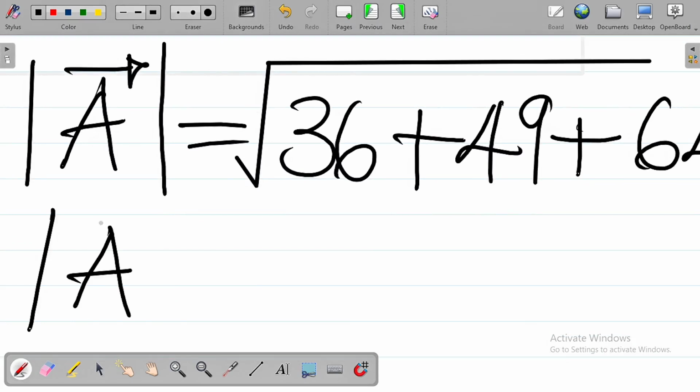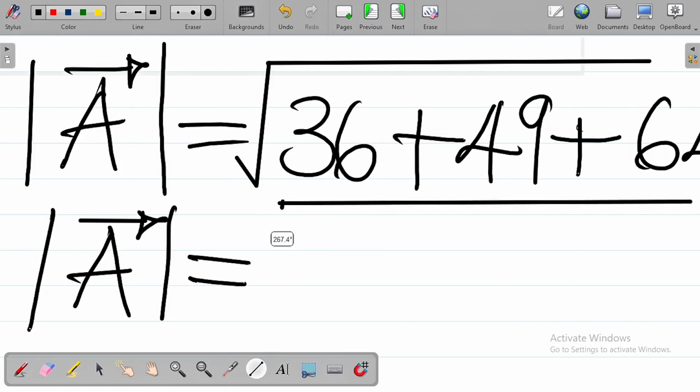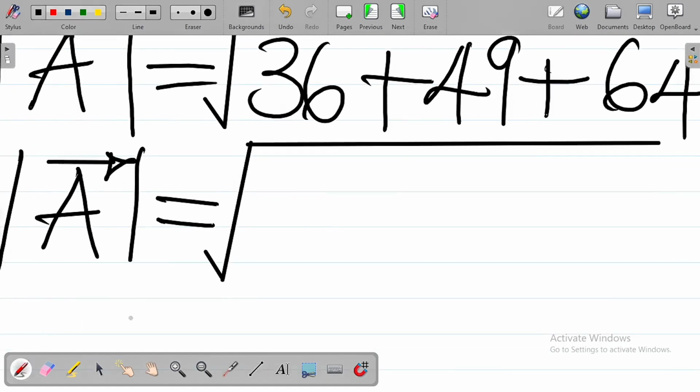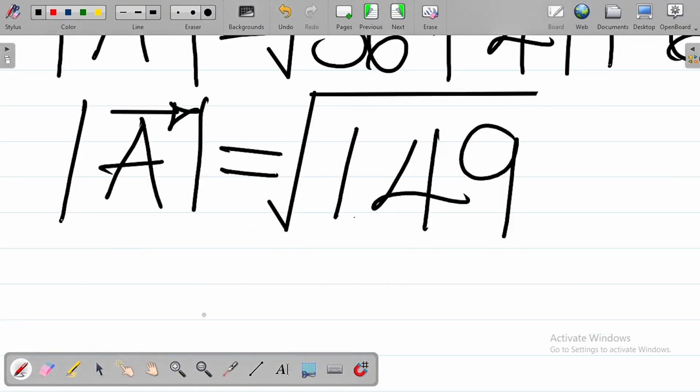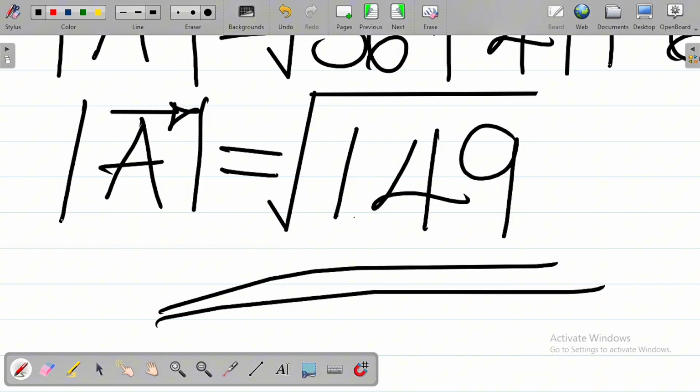So magnitude of vector A is equal to 36 plus 49 plus 64 gives us 149. So therefore, the magnitude of vector A is equal to square root of 149. So this is our final answer.